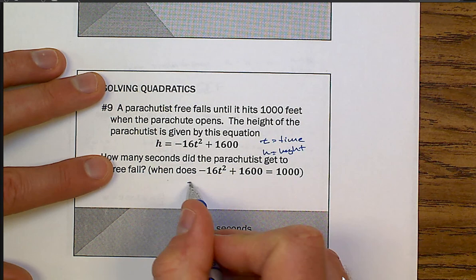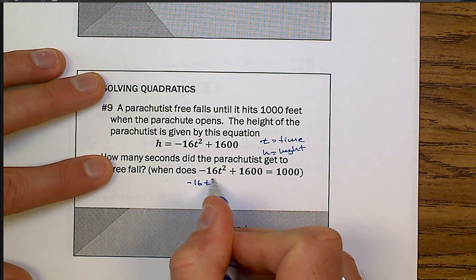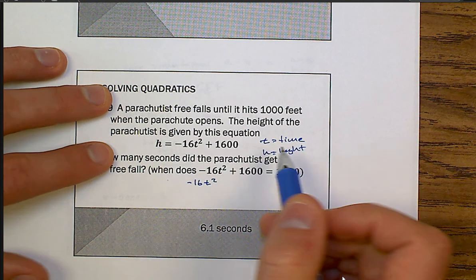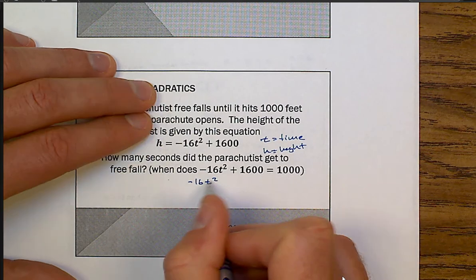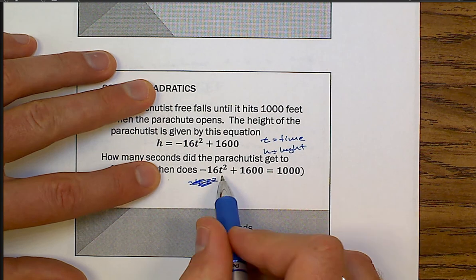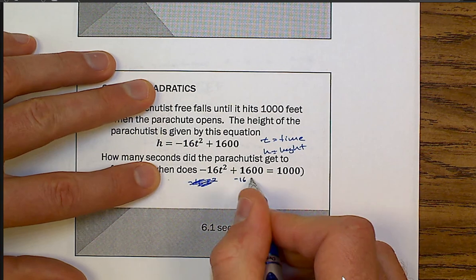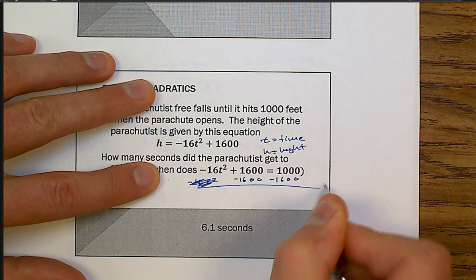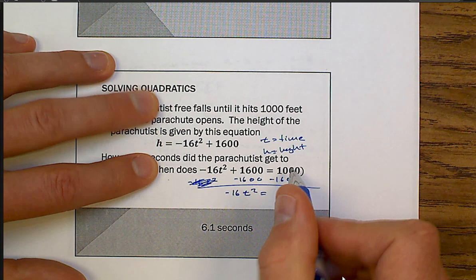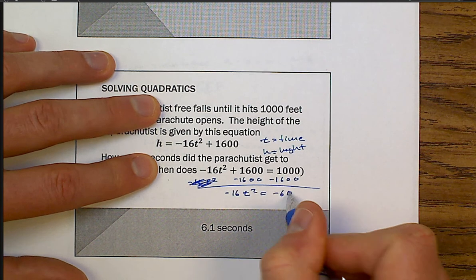So I get negative 16t squared, let's see, plus, what? No, never mind. Take that back. I'm going to subtract, because I just have t squared, I'm going to subtract the 1,600, and I get negative 16t squared equals, that's going to be negative 600, right?